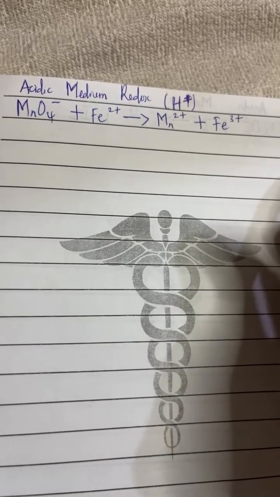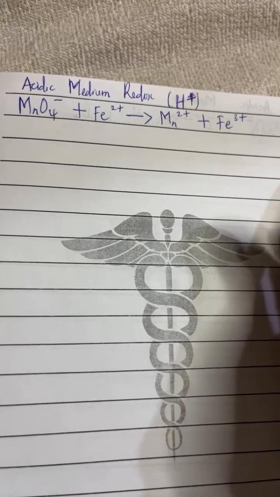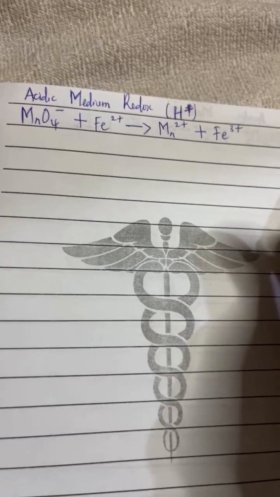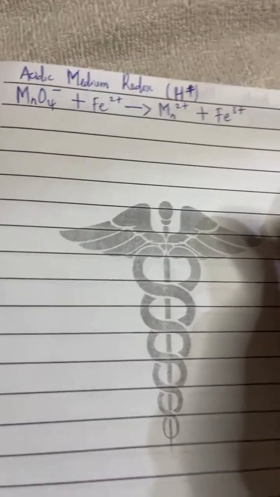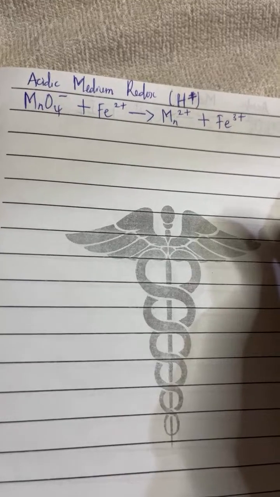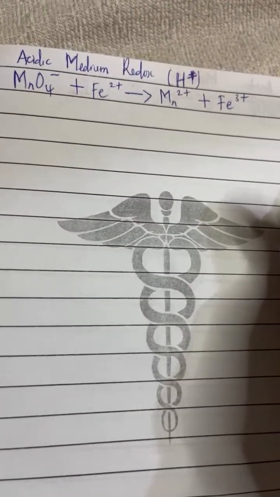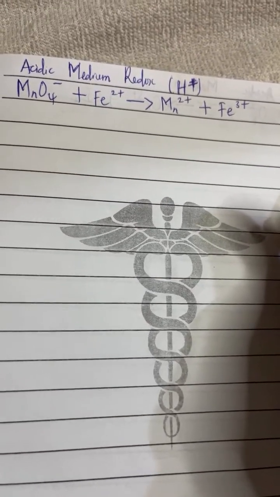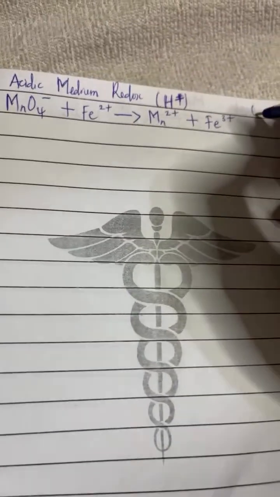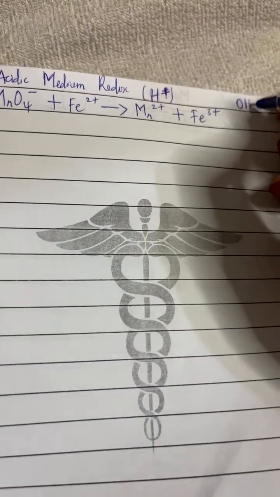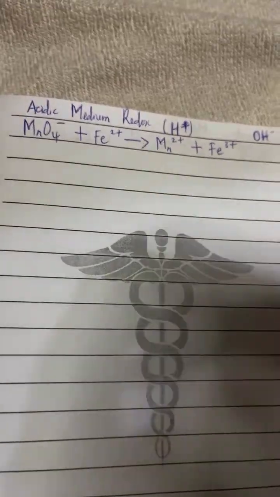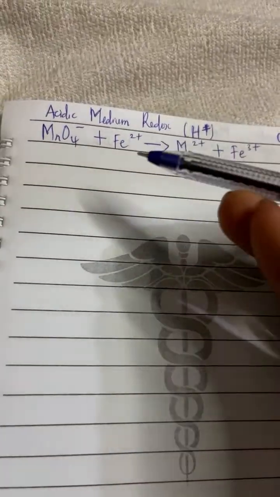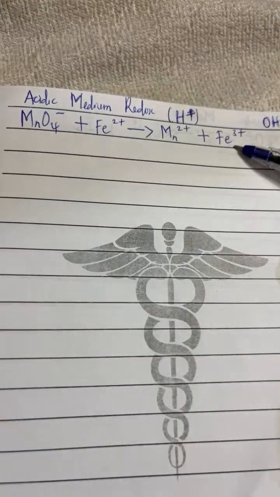So you know this is what you need to put. For basic medium, we add hydroxyl ion, which is OH minus.